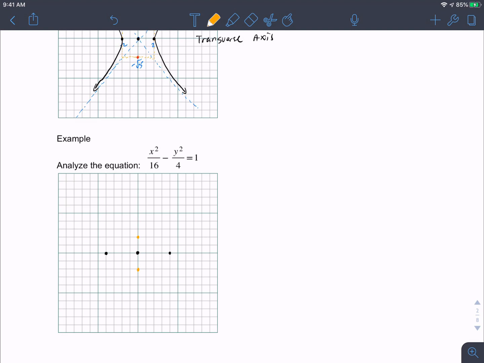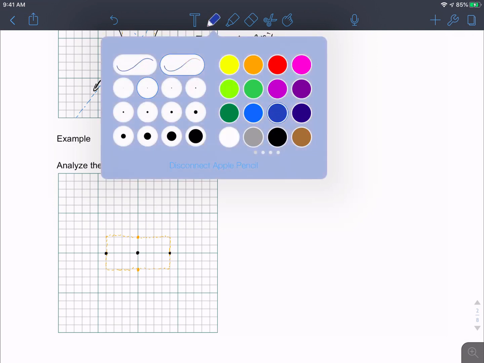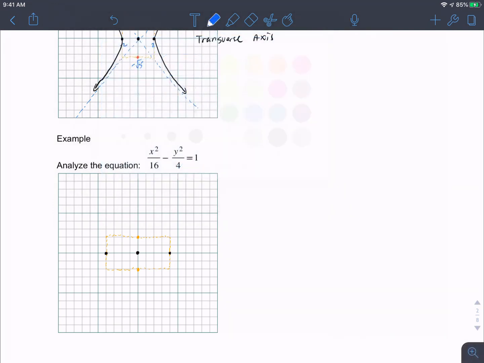And so we can create that box again. The box that we get is going to go just like this, and right where those corners are is where we're going to create our asymptotes.